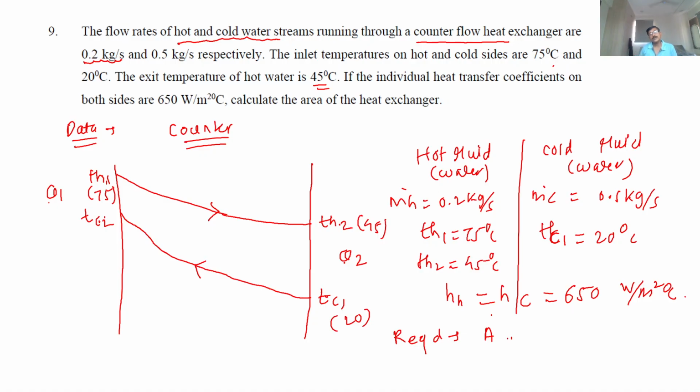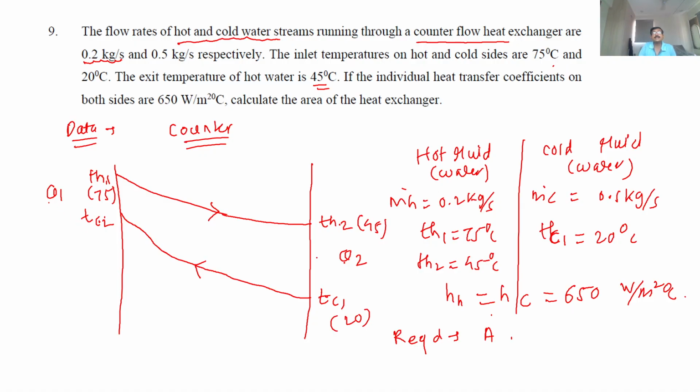So then you are saying, sir, whether the answer is going to be the same because all the data is same? No, the answer is not going to be the same. What is the reason behind it? The reason is that LMTD of a parallel flow heat exchanger and LMTD of a counter flow heat exchanger are going to be different. The reason is they are traveling in opposite direction. In parallel flow, they are traveling in the same direction.